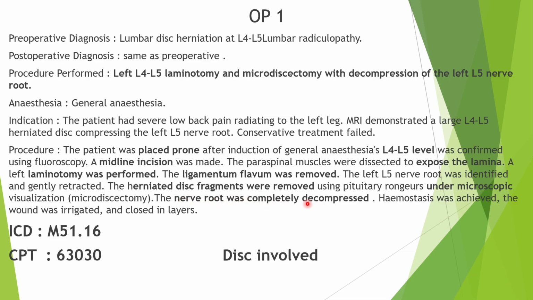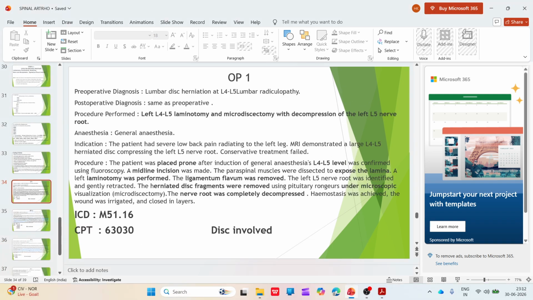So the nerve root was completely decompressed for the radiculopathy problem. This OP is saying that these are laminotomy and microdiscectomy procedures. So we will navigate these procedures.